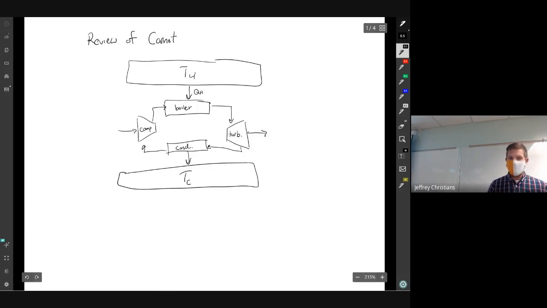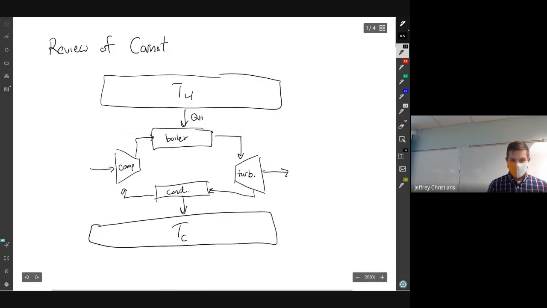We have the amount of heat that we're putting in from our high temperature reservoir, QH. The heat that we are losing to our cold reservoir, QC. Let me make these different colors so you can see them.